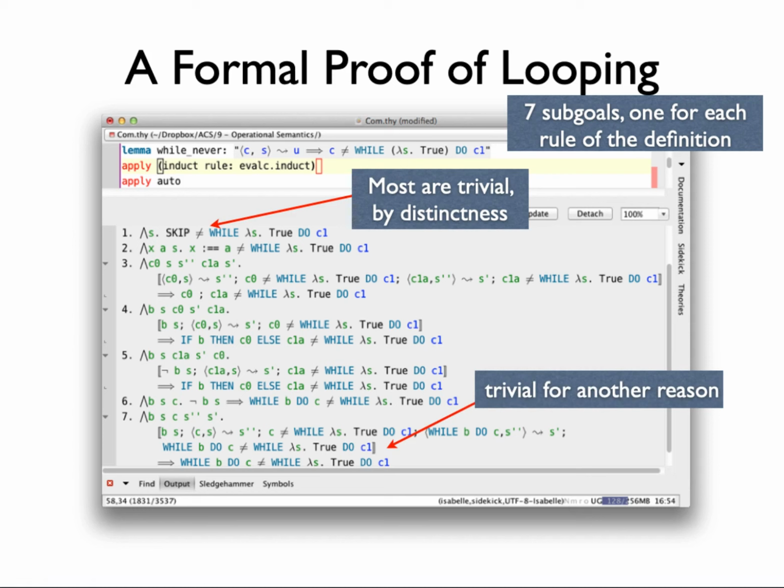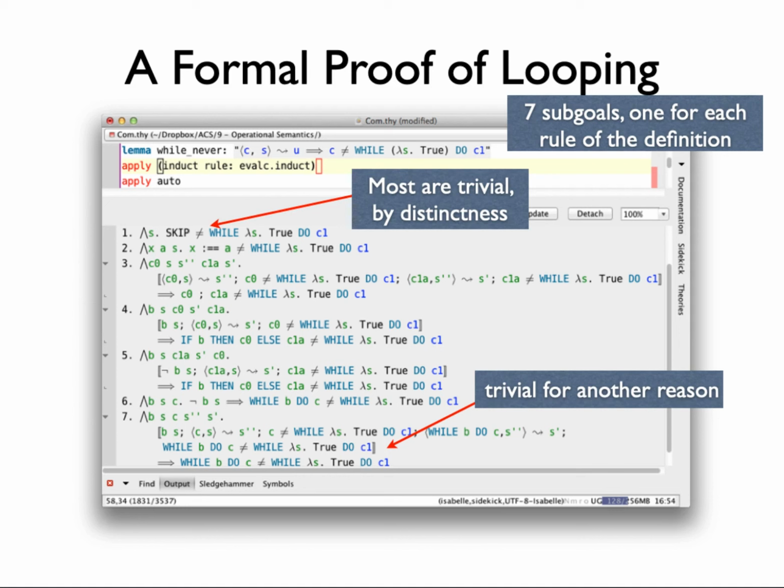Sub-goal 6 is also trivial, although now we have while not equal to while. Now it's not so obvious here, but there you have while true, and you also have the assumption that your Boolean condition is false. Of course, true is not equal to false, so sub-goal 6 is also trivial.